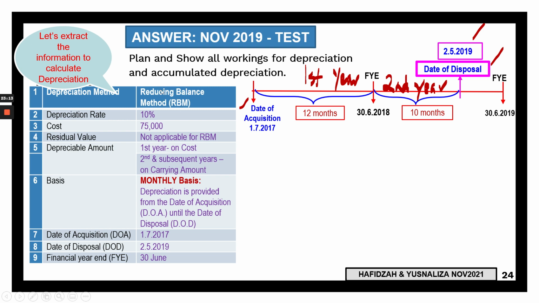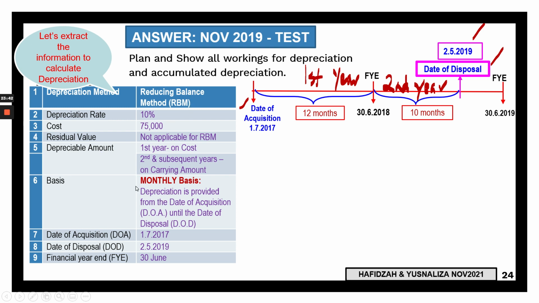Depreciable amount: for the first year, it will be on cost, which is the 75,000 that you paid when you first purchased the asset. In the second and subsequent years, because this will involve 2 years of accumulated depreciation, the second and subsequent years will be on carrying amount because we are adopting the reducing balance method.